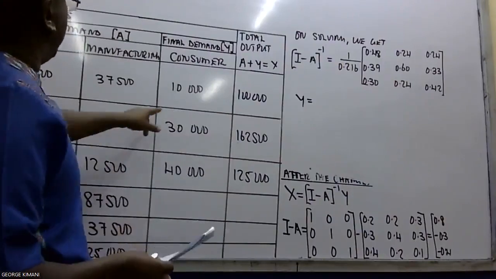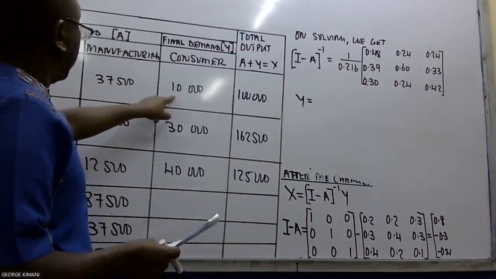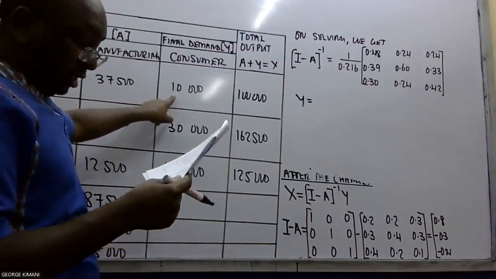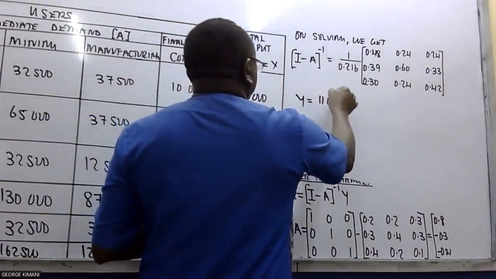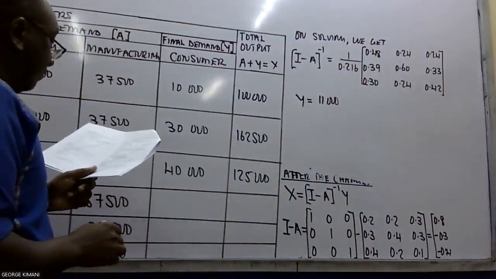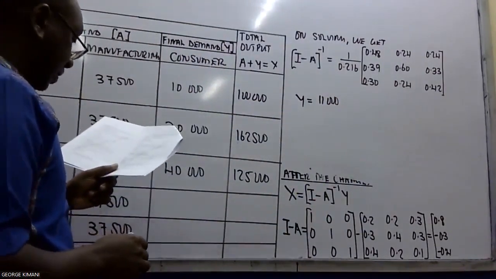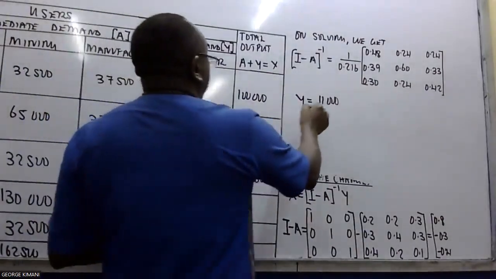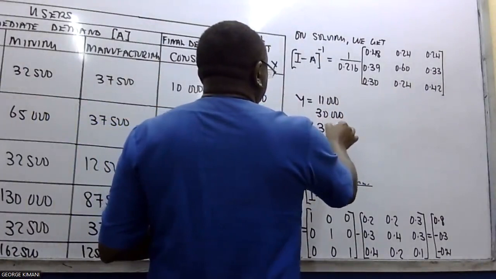Agriculture here was 10,000, so if it goes up by 1,000, it will be 11,000. And then manufacturing falls by 500, so here it remains 9,500. And mining remains 30,000.